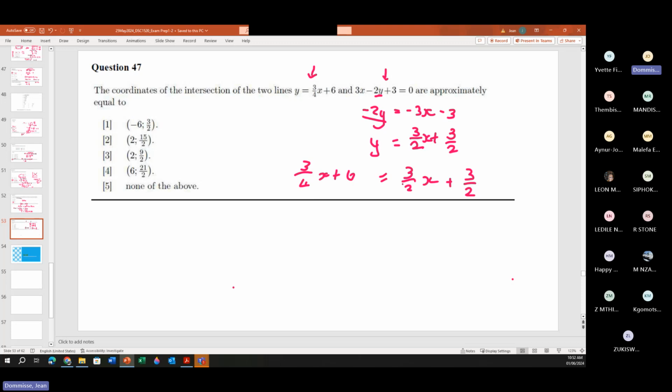So a quarter minus a half. So let's just redo that. So we've got 3/4 minus 1.5. So when we take this over, it will be basically minus 3.5x. Oh, sorry, 3 over 4x or 0.75.